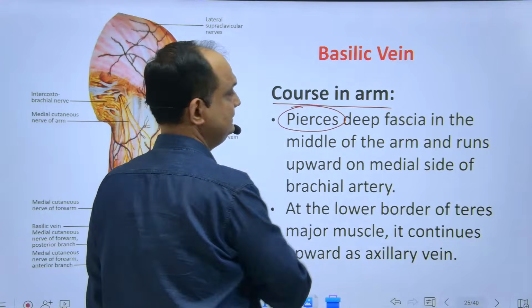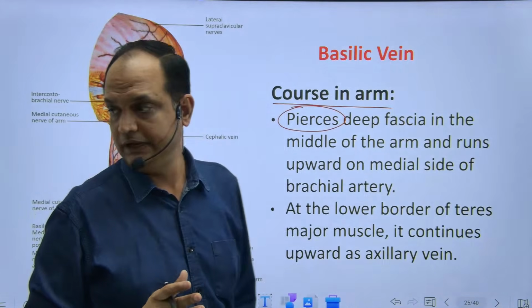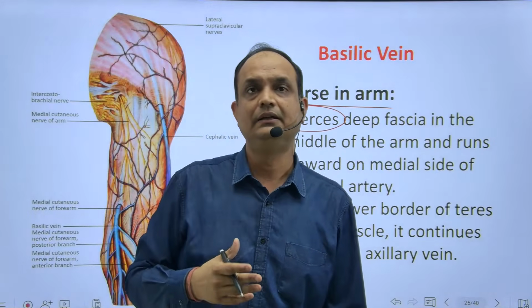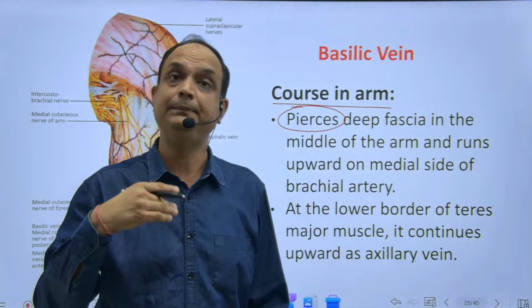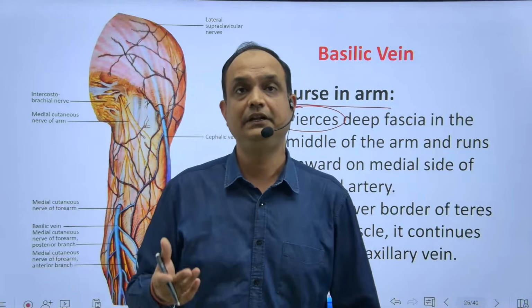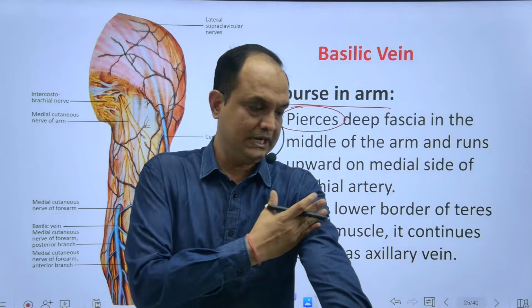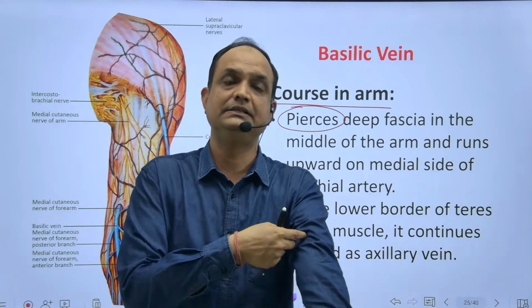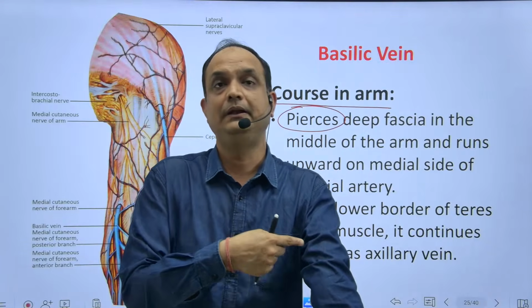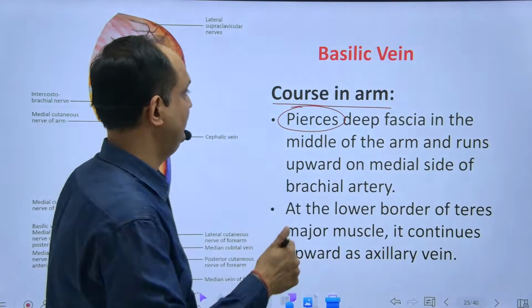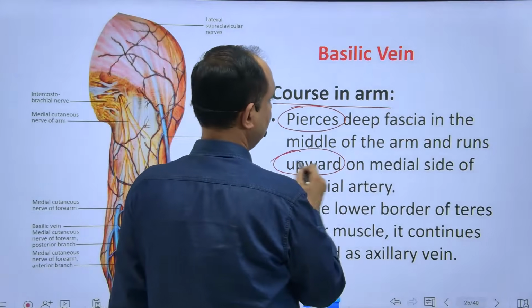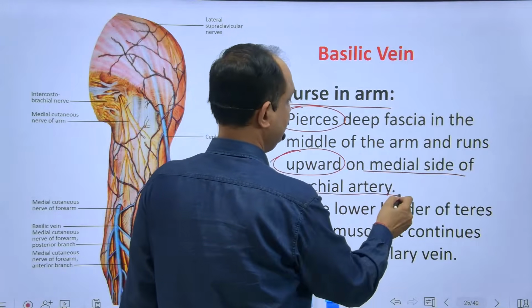Now another important thing is, what is the course of this vein in the arm? It pierces the deep fascia, which we have already discussed, that the basilic vein becomes deeper earlier by piercing the deep fascia at the mid arm. So at the mid arm, this basilic vein ascends and goes deep, and it pierces the deep fascia. It runs upward on the medial aspect of the brachial artery.